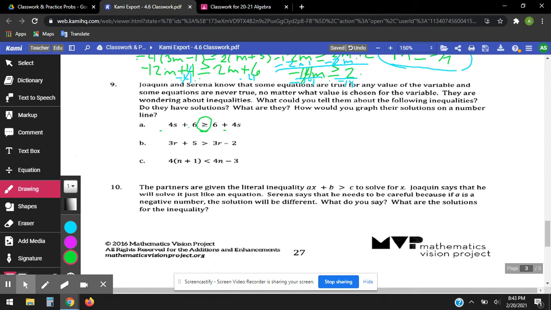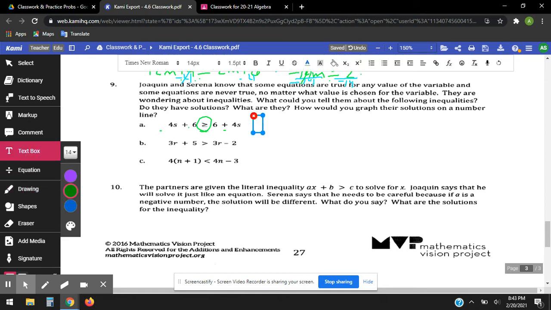What did it say too? What are they? How would you graph their solutions on a number line? So let's go ahead and just put our notations here. So set notation would be S for all real numbers.